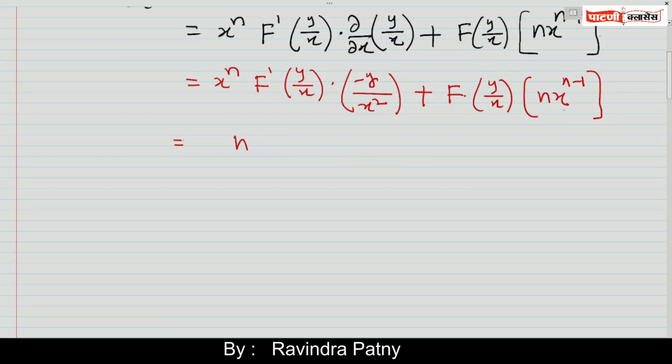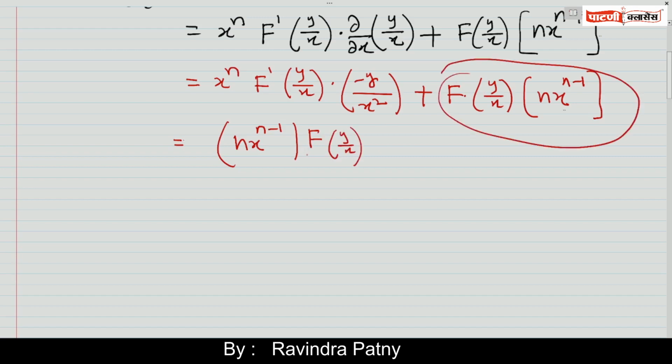Rearranging, n x raised to n minus 1 into f of y upon x. What I have done is written this positive term first.